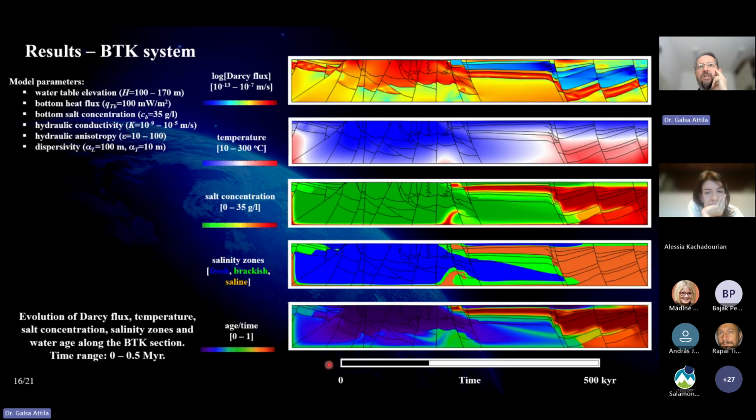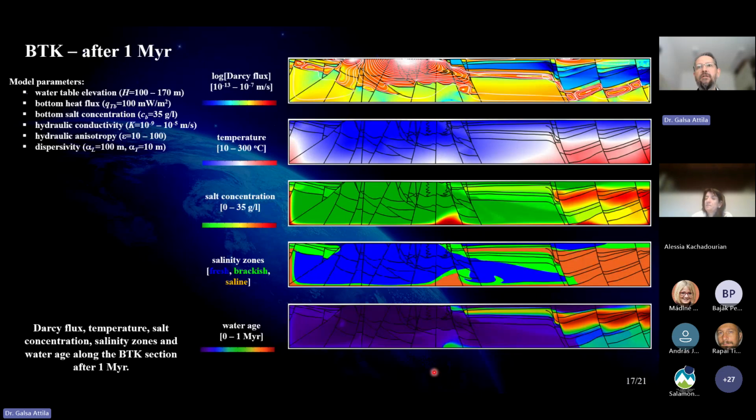Okay, so now we are over the first 200 kiloyears, and we can jump to the final snapshot. So after 1 million years, it can be established based on the Darcy flux streamline pattern that the unconfined part and the western part of the confined karstic aquifer is controlled by topography-driven groundwater flow, and these parts are saturated by cold, fresh and young waters.